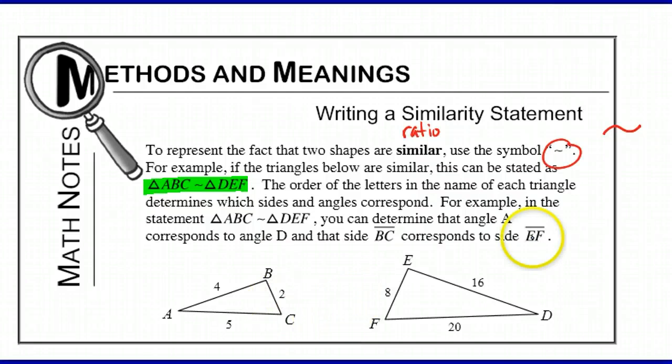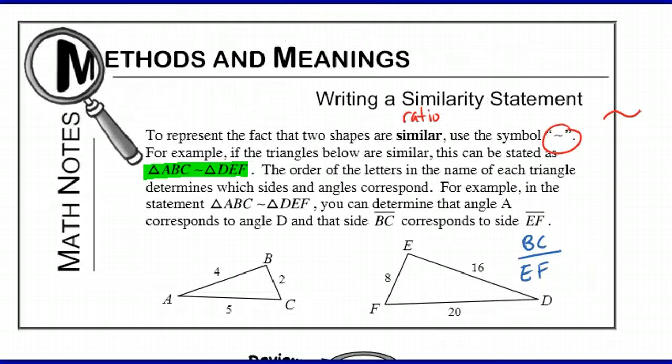So for instance, BC is corresponding to EF, AC is corresponding to FD, and AB is corresponding to ED.